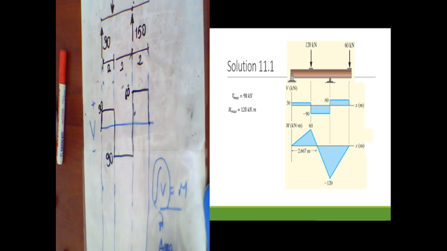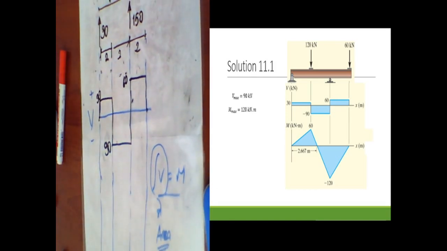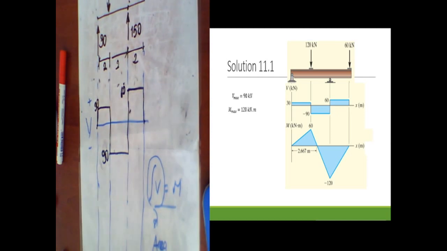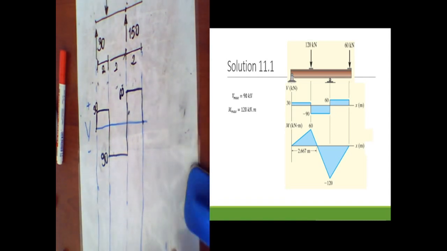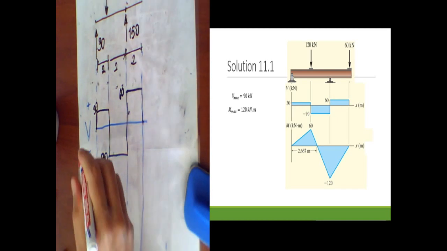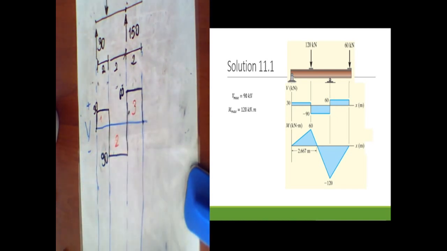Therefore, if we calculate the area, we find the moment changes for this question. So, first of all, I want to calculate the areas of the shear force diagram. I want to write this is area 1, this is 2, and this is 3.